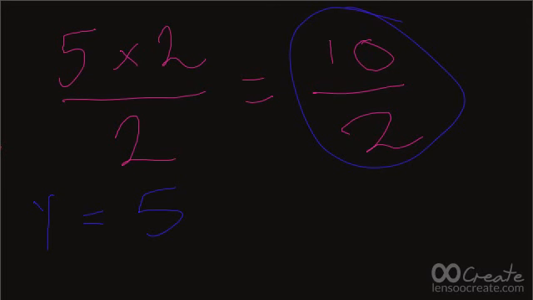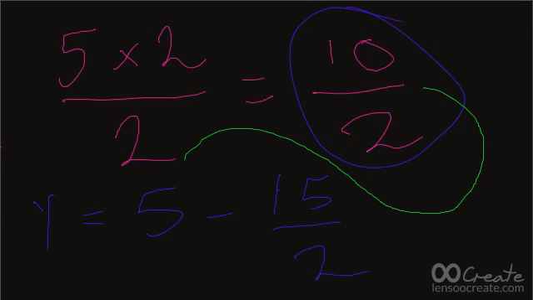So our equation is 5 minus 15 over 2. I want to take 10 over 2 and put it in the equation in place of the 5.